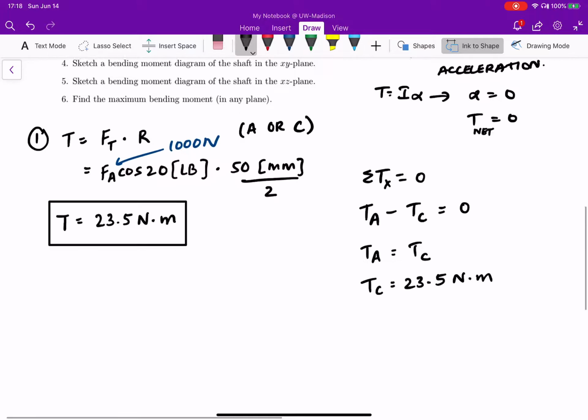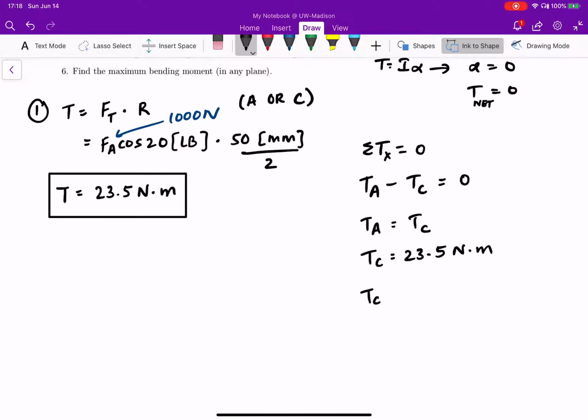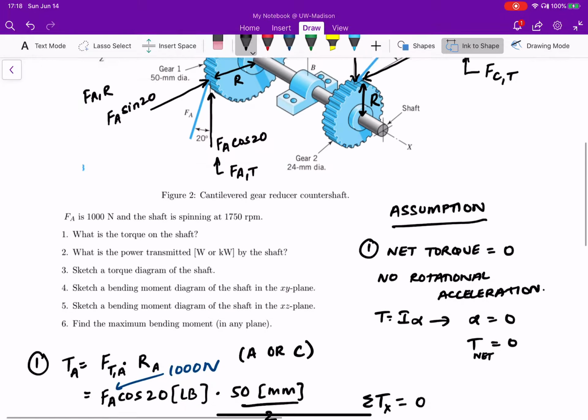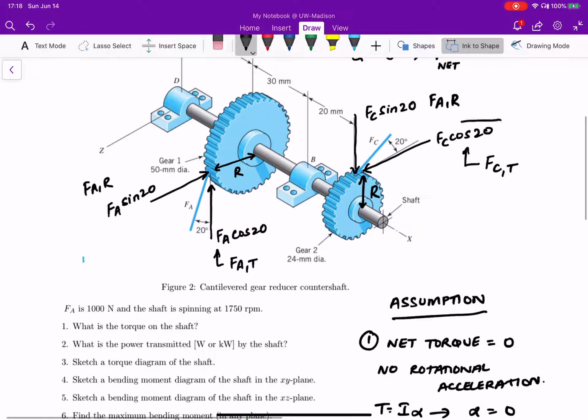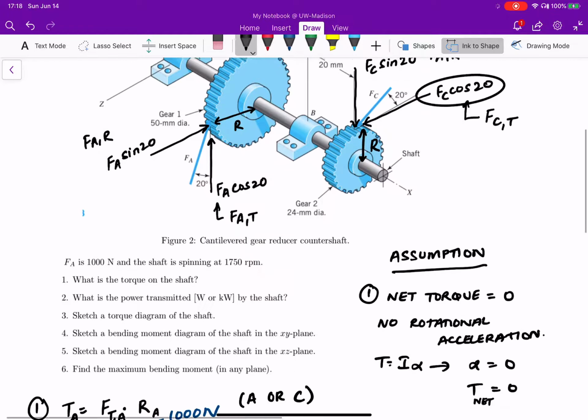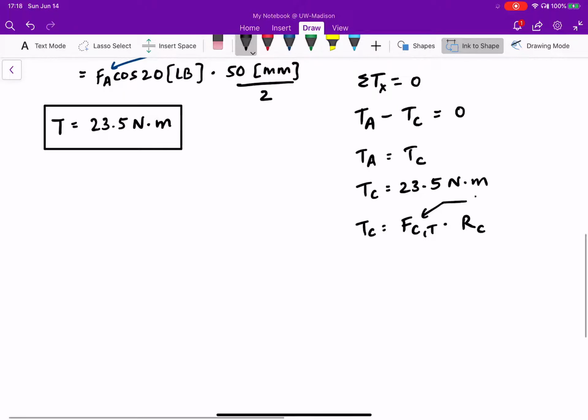Simply because of that, we know that torque C is equal to the tangential force at C times the radius at C. This should be radius at C. And this over here from our diagram is just the cosine component of FC. So FC cosine 20.